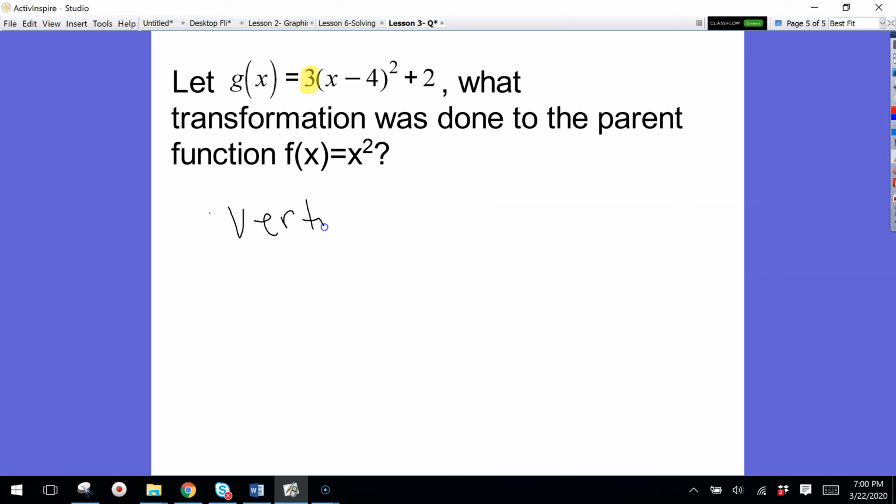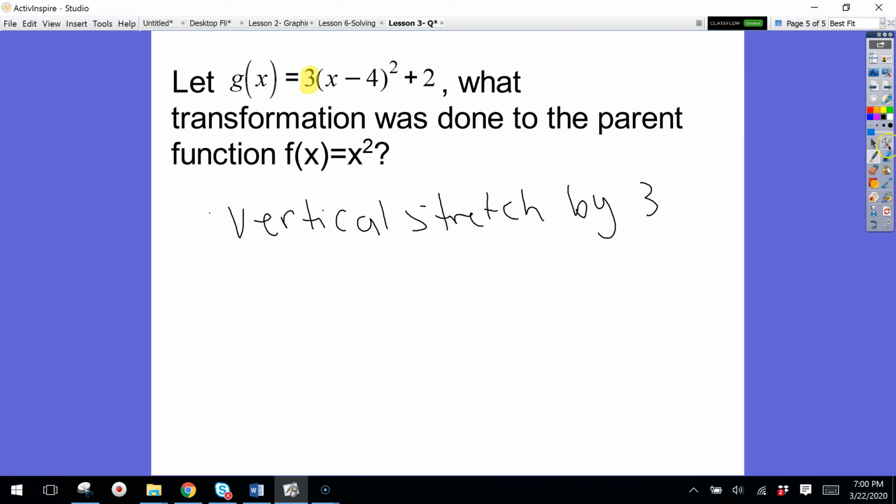Vertical stretch by 3. Okay, now let's look at this minus 4. I'm subtracting 4 from x and then squaring it.